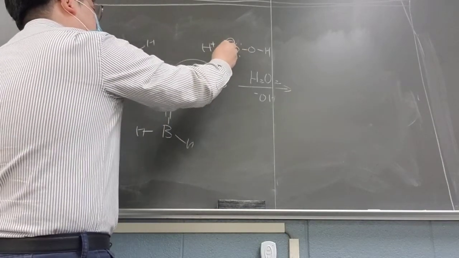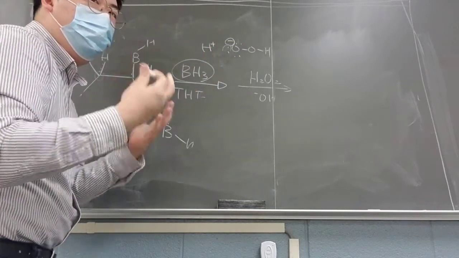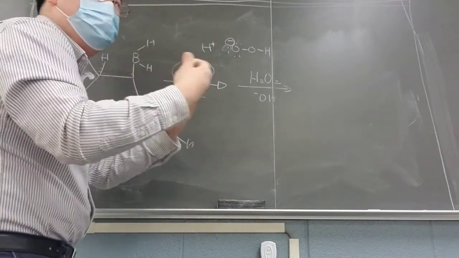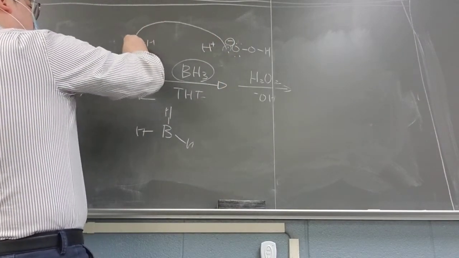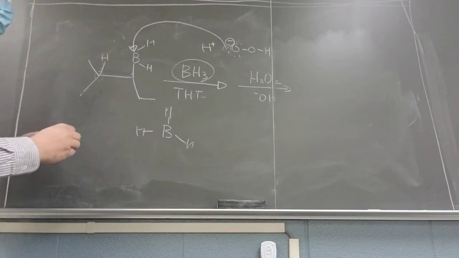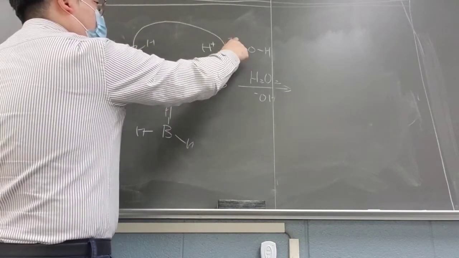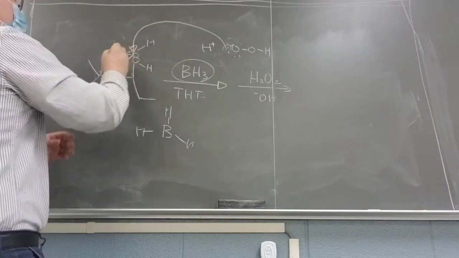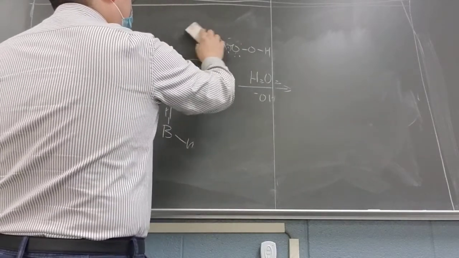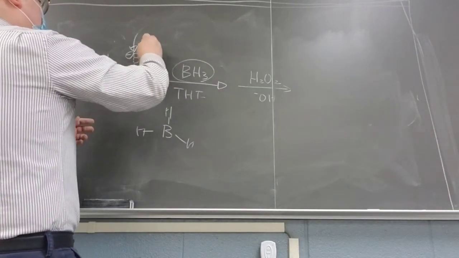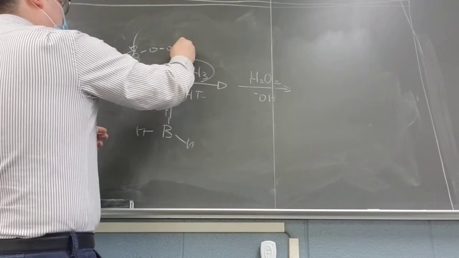So this oxygen now has three lone pairs. It's really able to attack something, so it goes to here. They have this one attached to this one, so this is gone, and this becomes negative. And then what happens to this one is now you have this one, right?